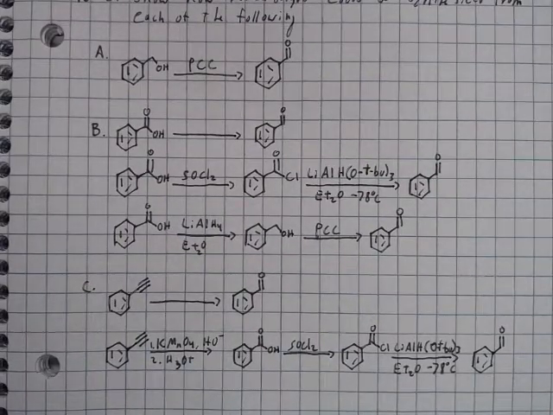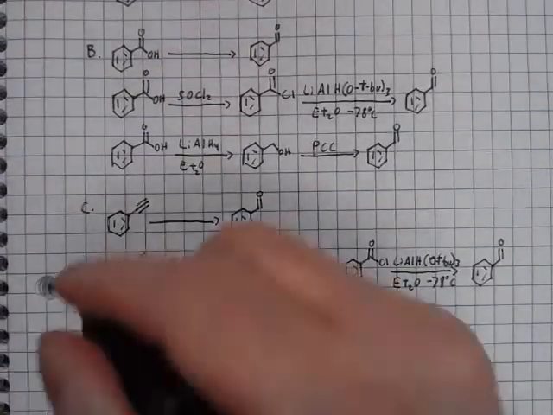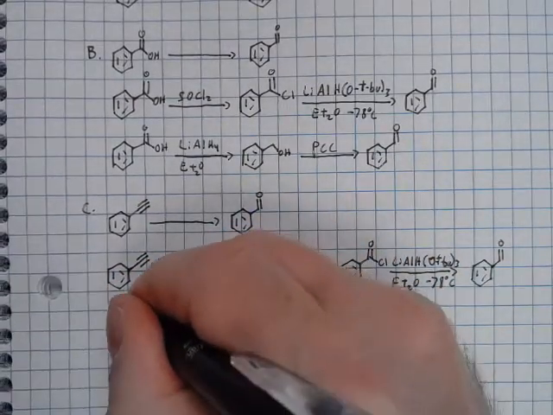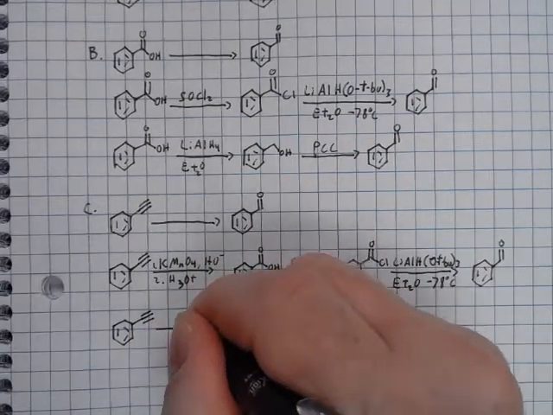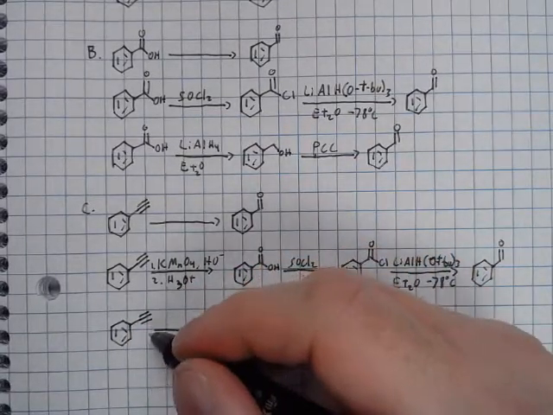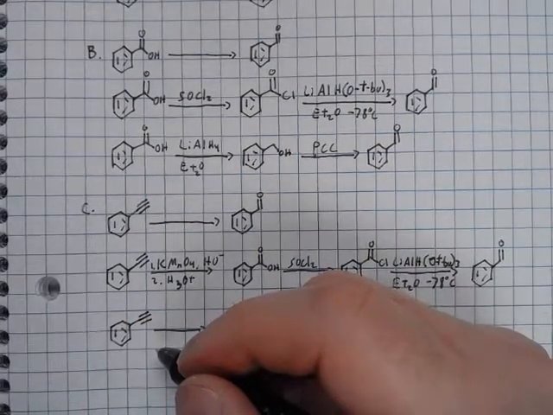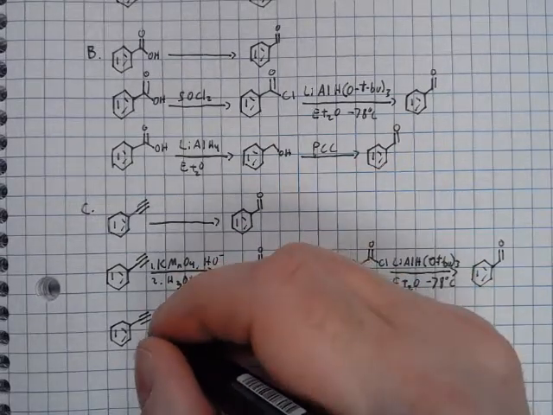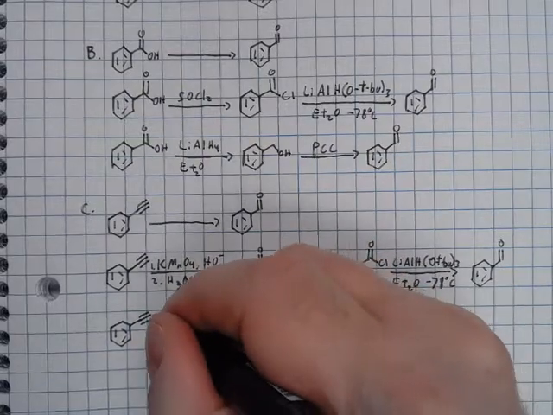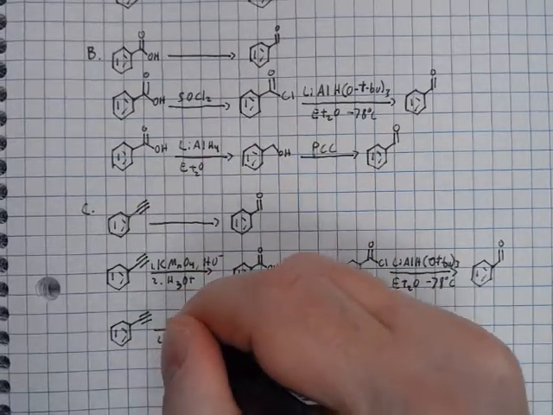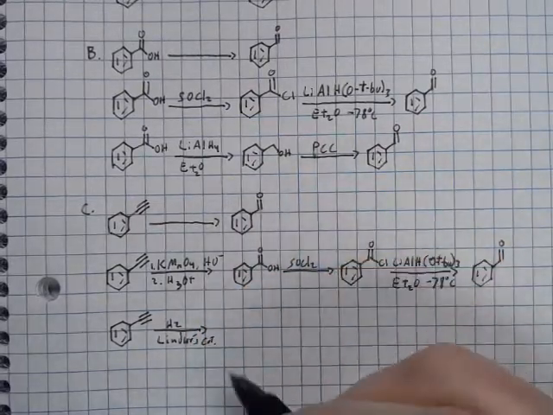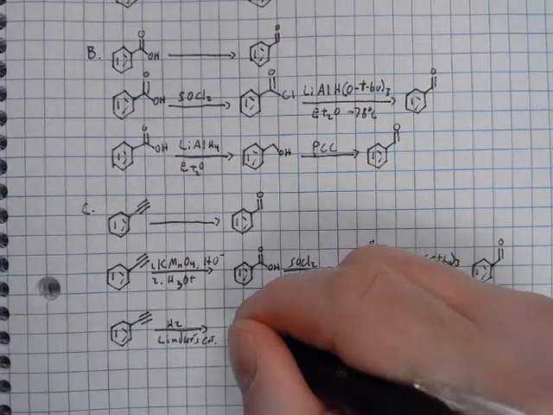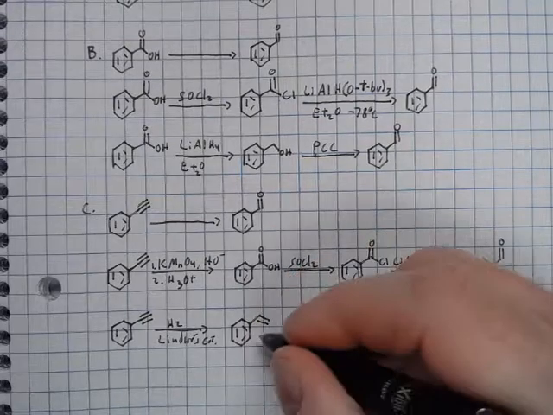Alternatively, I think we could convert our triple bond to a double bond using hydrogenation with Lindlar's catalyst, or the P2 catalyst, so that we get an alkene.